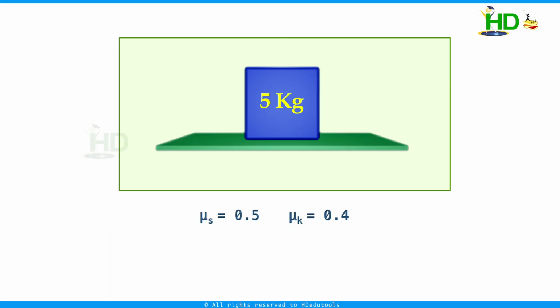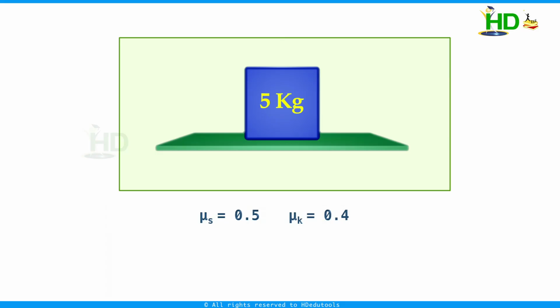Now, you have to complete this table. This table is related to applied force, frictional force, and force used for motion. Applied forces are given. For different applied forces, you have to write what will be the frictional force and what is the force used for the motion.